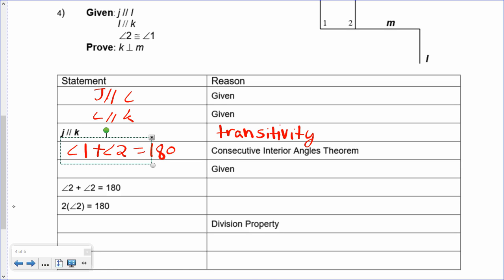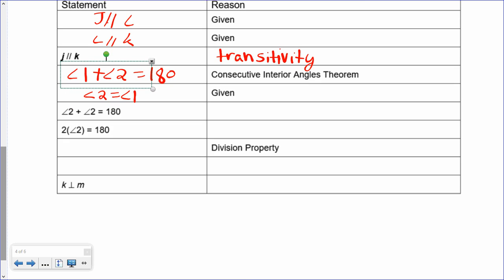So that's why they have a third given. I'm going to bring that in now. Angle 2 is equal to angle 1. It's the third given that I was provided. With this new information, I can take my first equation, angle 1 plus angle 2 equals 180, and I do what? I substitute, right? This is not transitive, right? Hopefully you guys see the difference between when transitive and substitution are interchangeable.